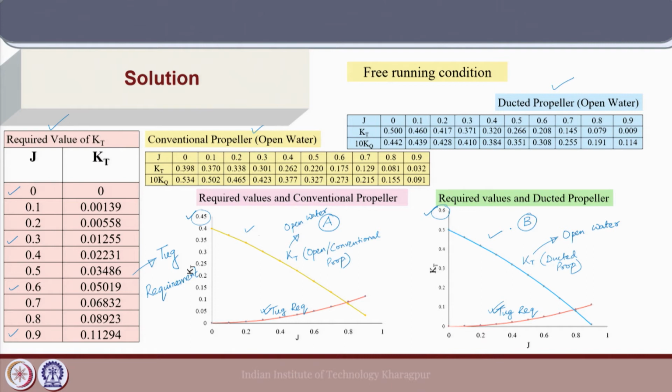So, we have to find the intersection points for the thrust requirement as compared to the open water KT for each case.